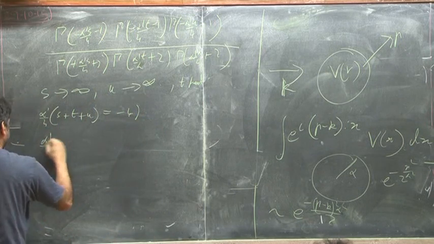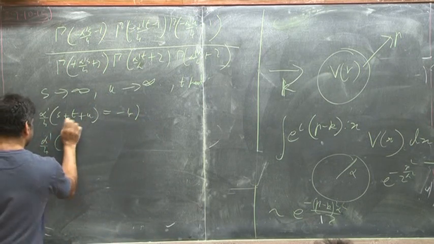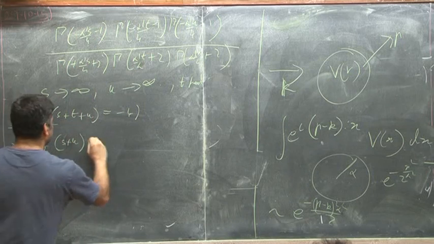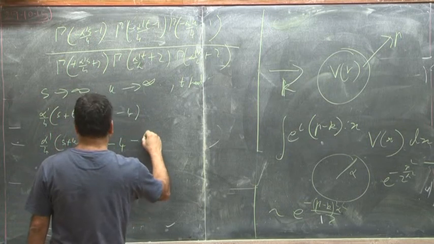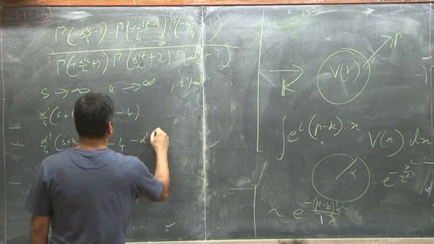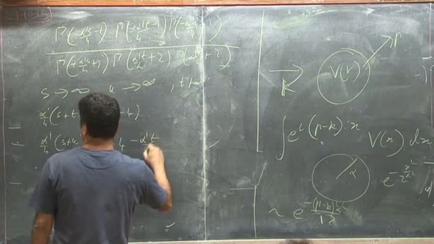So in particular, alpha prime by 4 times s plus u is equal to minus 4 or minus alpha prime t by 4.